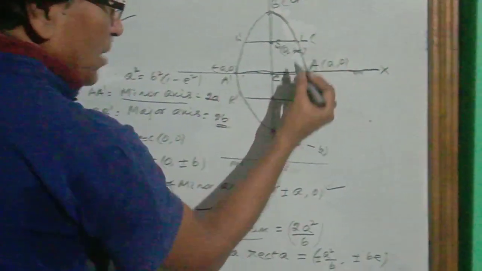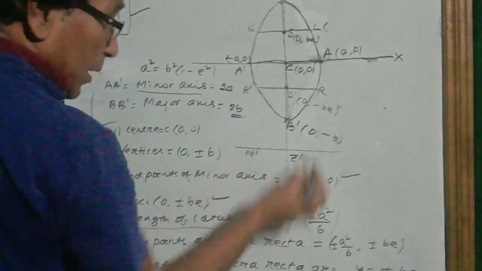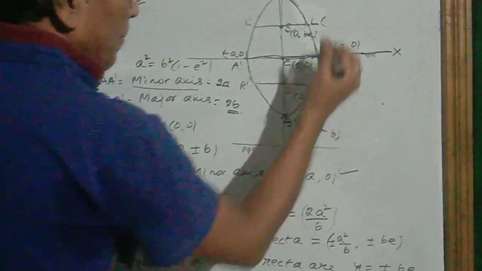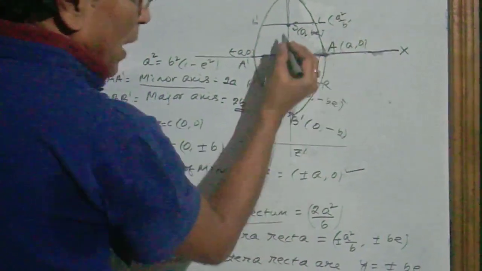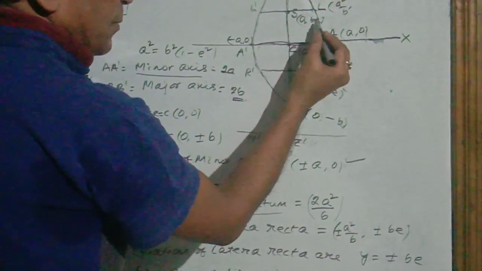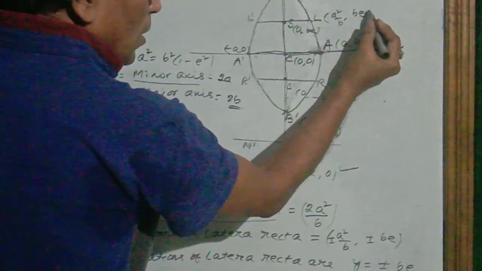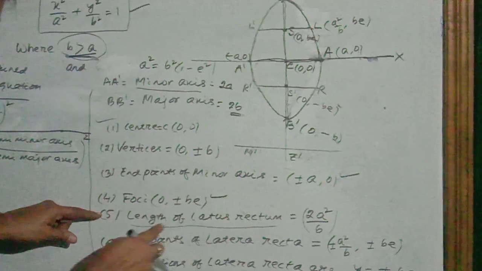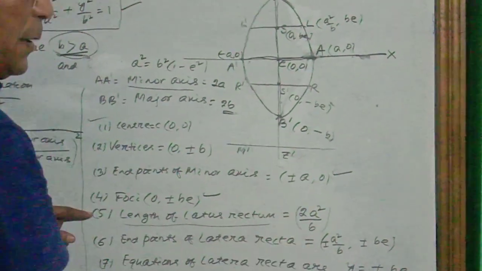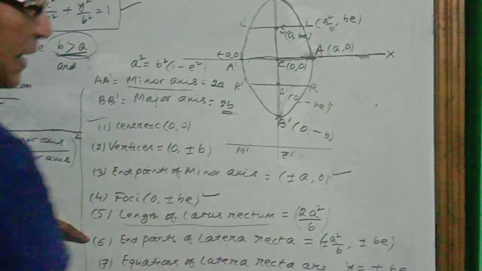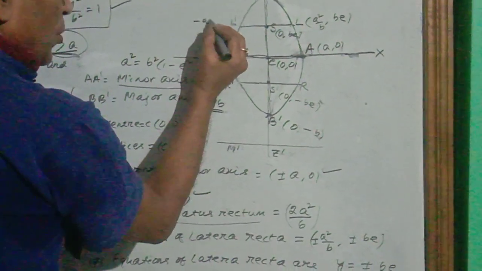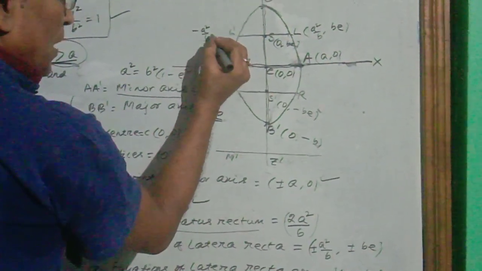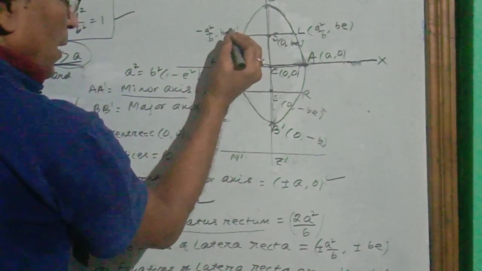The x coordinate of this point is a square by b, and the y coordinate, meaning this distance, is be. So the length of the latus rectum is 2a square by b. The endpoints of the latus recta: this is a square by b, be; this is minus a square by b, be.